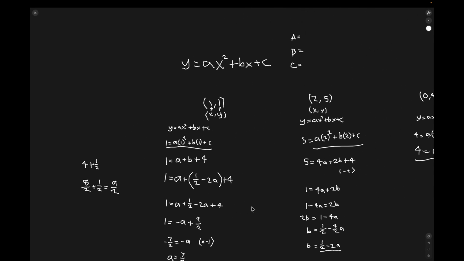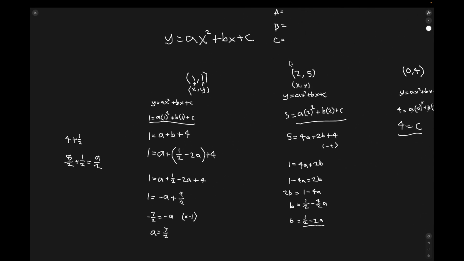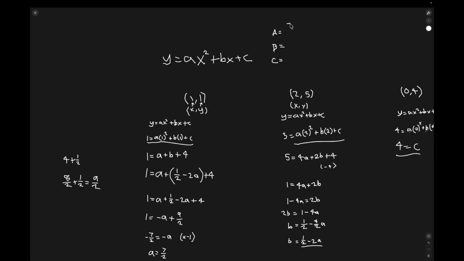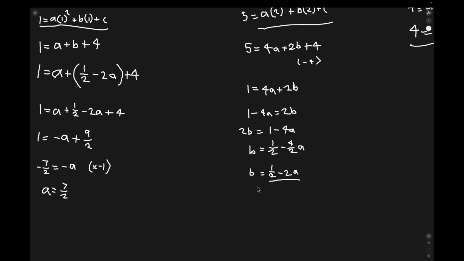So let's write that up here. A is equal to 7 on 2. C is equal to 4. Now to find b, we know that b is a half minus 2a.